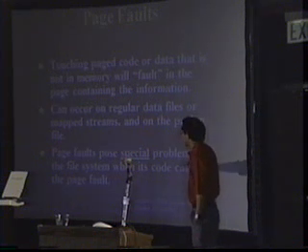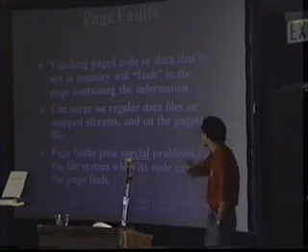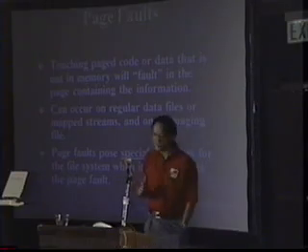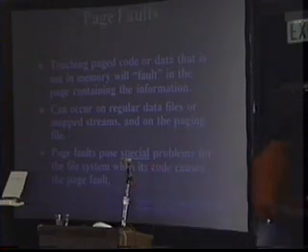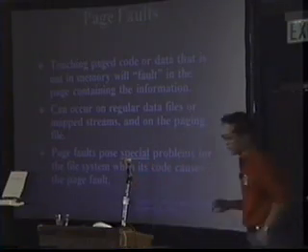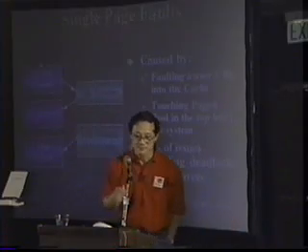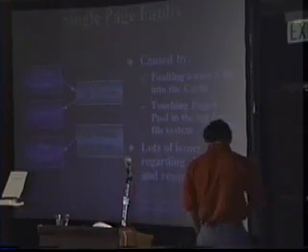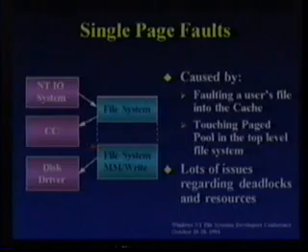The big thing about page faults is that they pose very special problems for the file system regarding synchronization. What could happen is you would get a request from the I/O system, for example, to read a piece of data someplace, and you're marching around your own data structures.